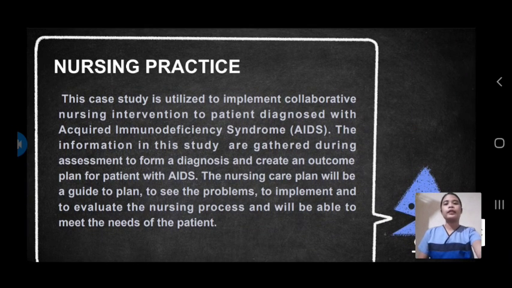Nursing practice. This case study is utilized to implement collaborative nursing interventions for patients diagnosed with acquired immunodeficiency syndrome. The information in this study was gathered during assessment to form a diagnosis and create an outcome plan for patients with AIDS. The nursing care plan will be a guide to plan, to see the problems, to implement, and to evaluate the nursing process and will be able to meet the needs of the patient.